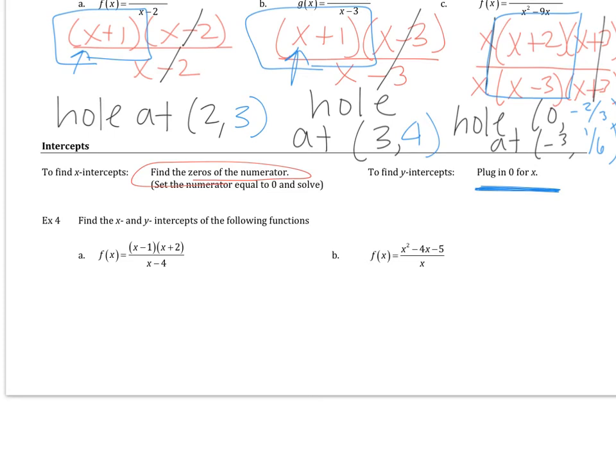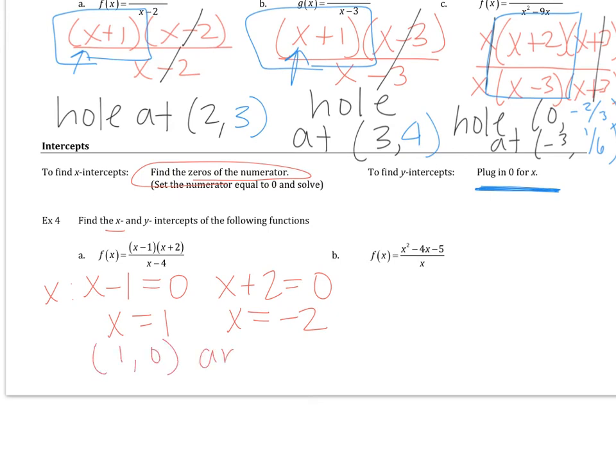So for example, for A, it's already been factored for me. So to get my x-intercepts, I'm going to set x minus 1 equal to 0 and I'm going to set x plus 2 equal to 0. So we have x equals 1 and x equals negative 2. So our x-intercepts are 1, comma 0 and negative 2, 0.